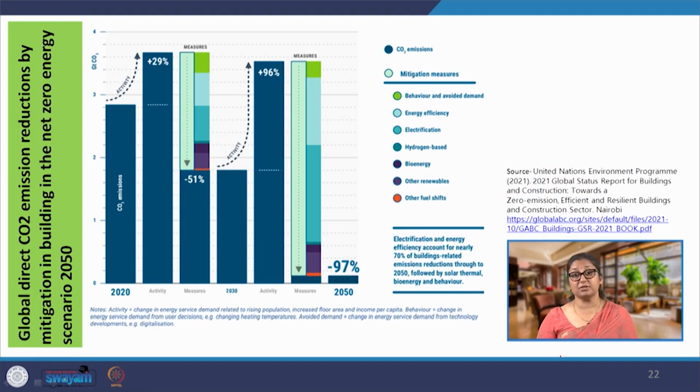I hope with this we have clearly understood the entire life cycle of the building, how and where the emissions are coming in this life cycle, and what the different stages and stakeholders are.